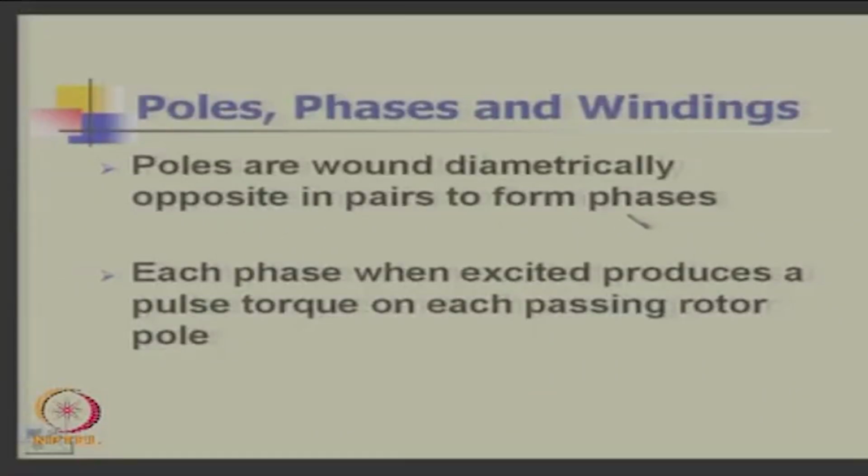Other thing is poles are wound diametrically opposite in pairs to form each phase. This we have already mentioned. Each phase when excited produces a pulse torque on each passing rotor pole. So, when one pole is excited it will produce a torque on the rotor and push it to align.